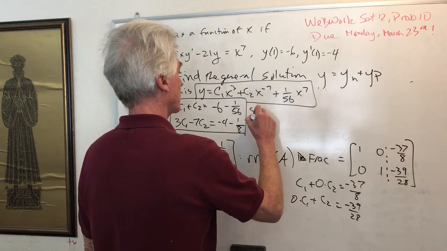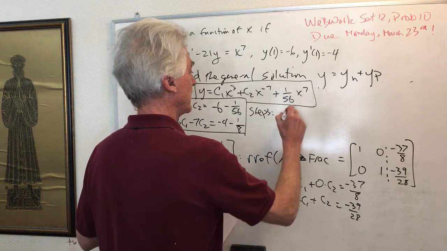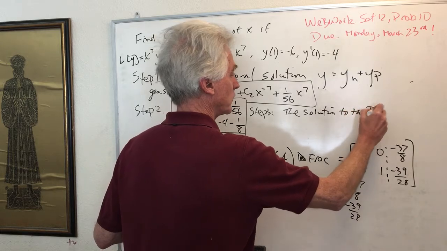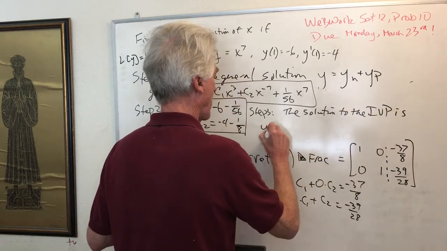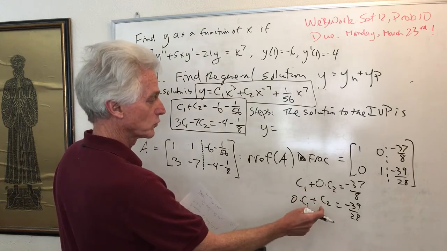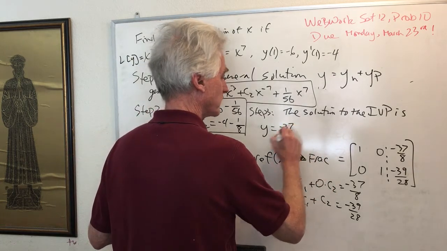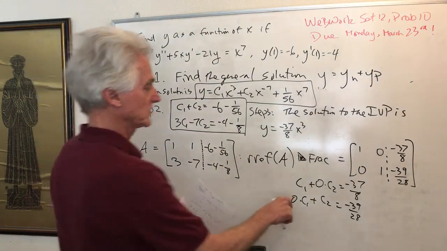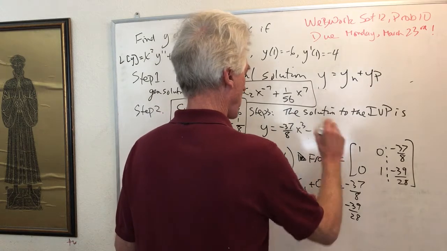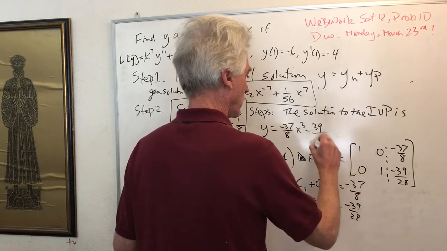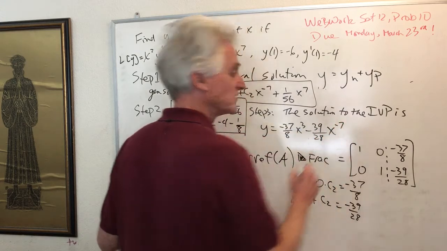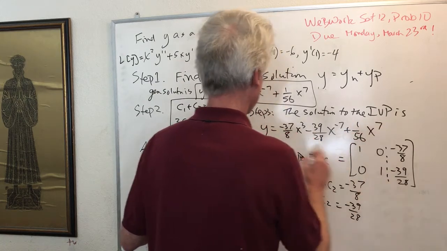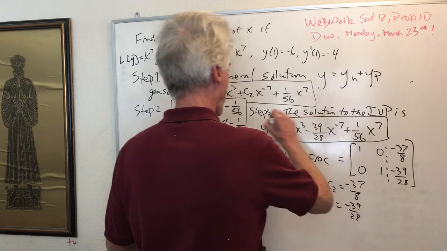And the result of step 3 is that the solution to the initial value problem is y equals, well, c1 times x cubed, minus 37 over 8 x cubed, plus c2 times x to the minus 7, c2 is negative again, minus 39 over 28 times x to the minus 7, plus 1 over 56 times x to the plus 7.